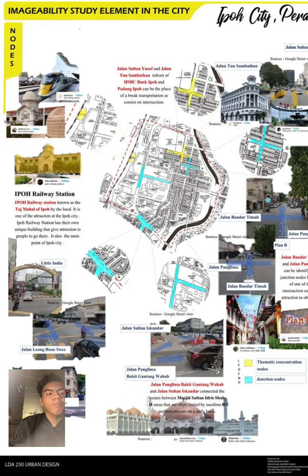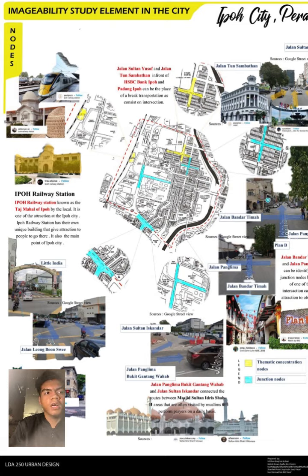Okay, Ipoh railway station, known as the Taj Mahal of Ipoh by the locals, is one of the attractions at Ipoh City, and the station has its own unique building that attracts people to go there, and it is also the main point of Ipoh City.